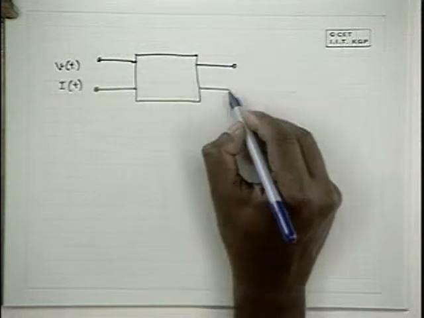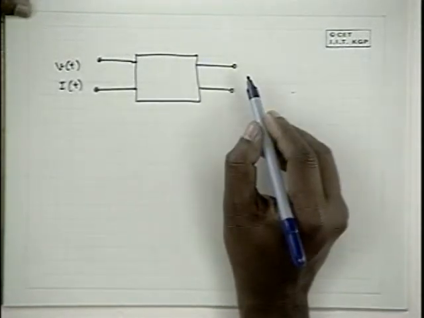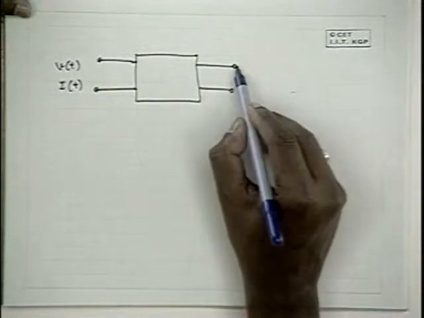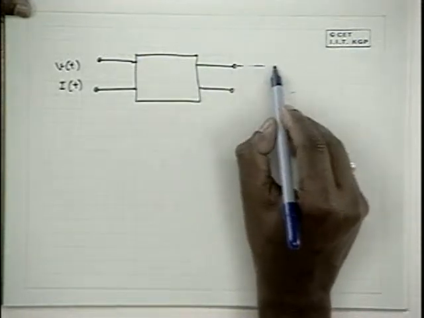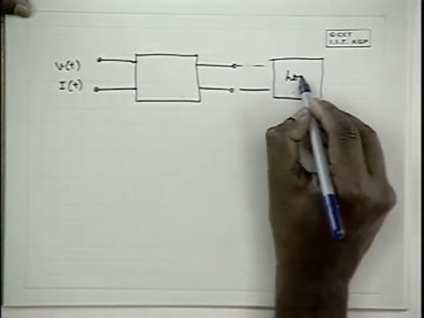Now the amplifier gives you amplified current or voltage. These are used to drive further circuits or a load.